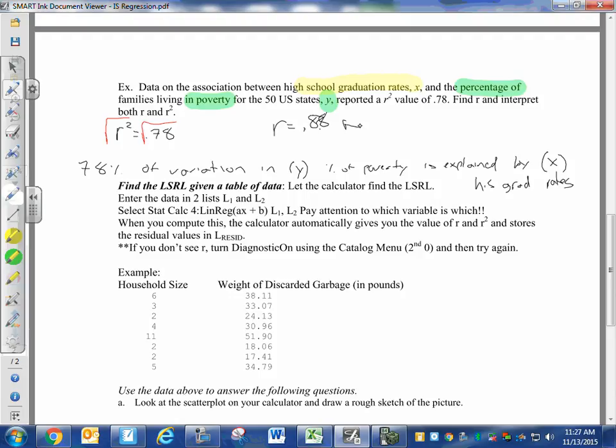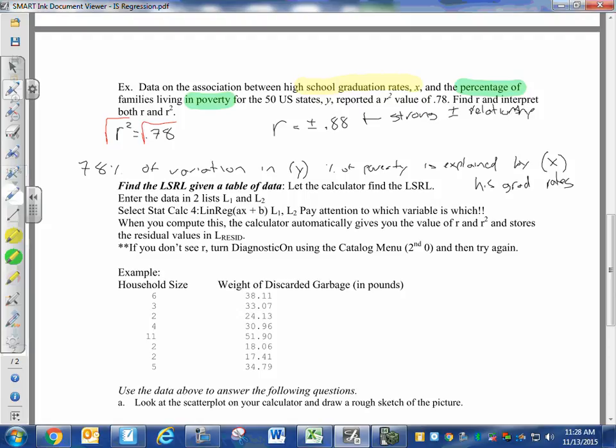Well, 0.88 means the relationship is strong, and we think it's positive, but we should know that when we take the square root of something squared, this could be plus or minus 0.88. Okay, so we think it's strong, we think it's positive, but it could be negative. All we know is that it is a strong relationship, positive or negative.